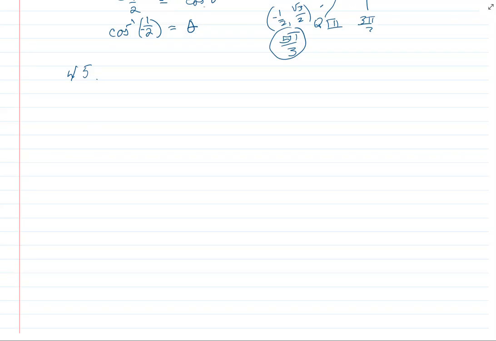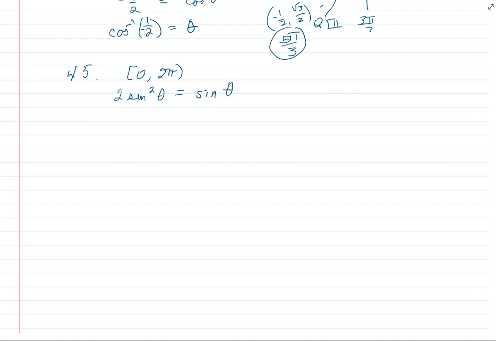All right, 45, we have another one. Again, we're looking at radian measure for our restrictions to the domain of theta. And then we have 2 sine squared theta equals sine theta.